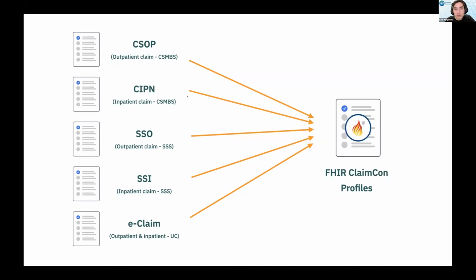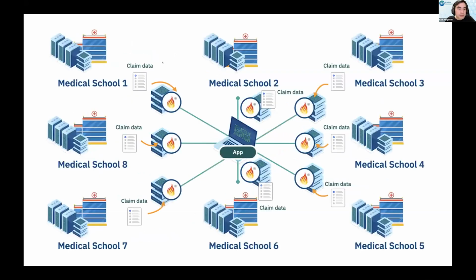To facilitate this, we have developed an IG named the claim consolidation profile to make this usable. So the end picture is like this. Each medical school will establish a FHIR server under their control, maybe in their data center or maybe in the cloud.